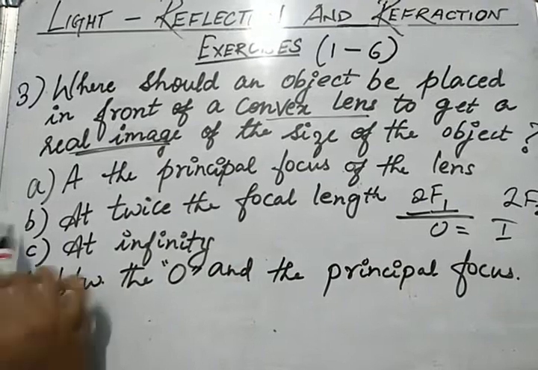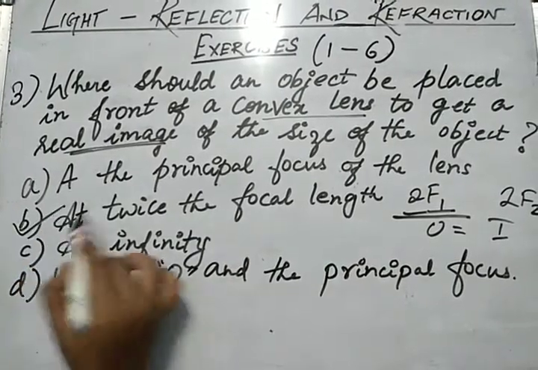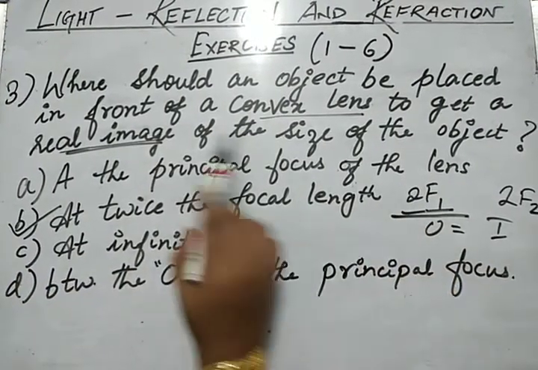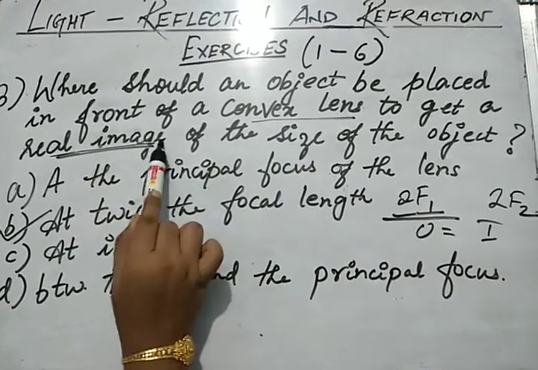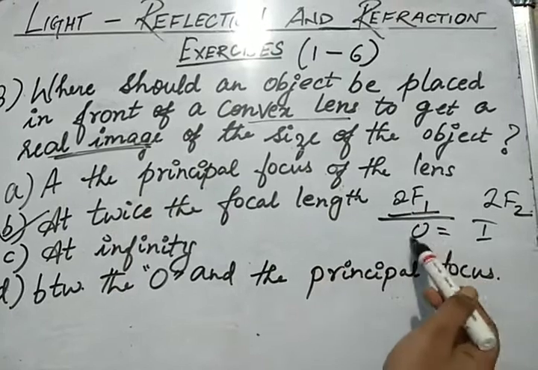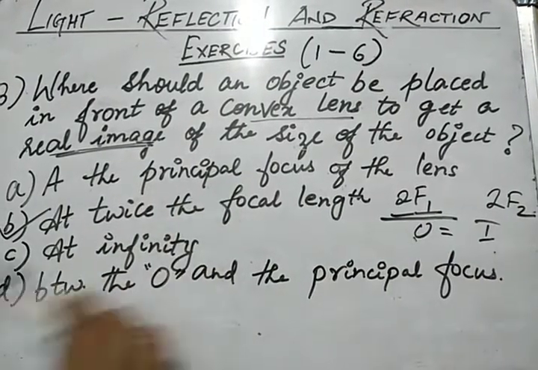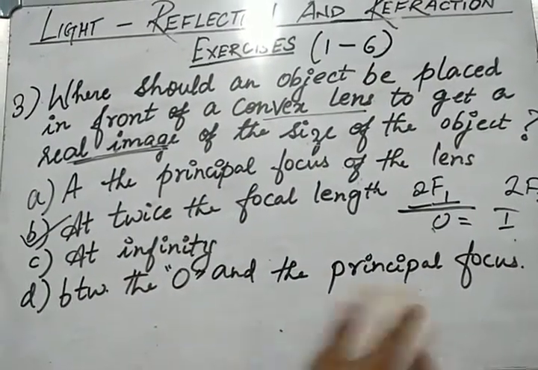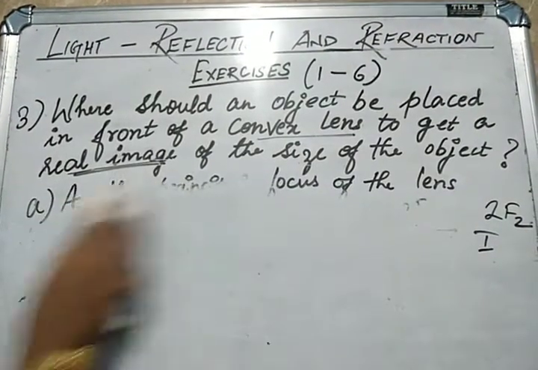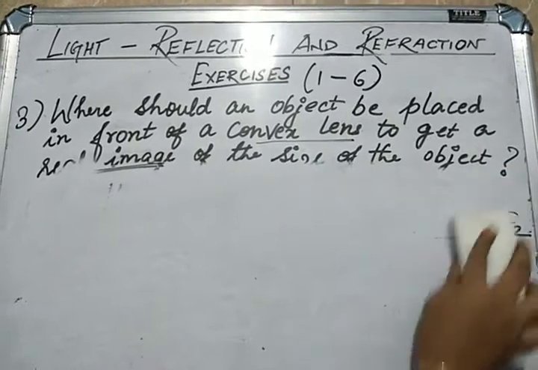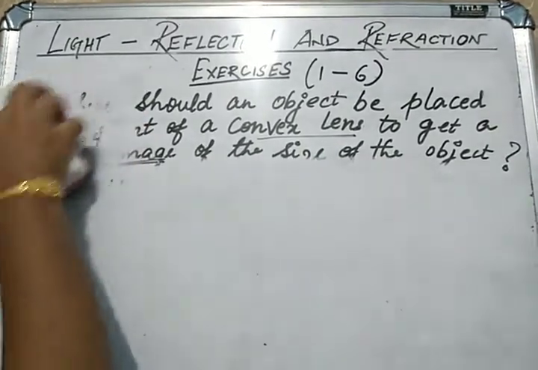So our answer is B, at twice the focal length. See all the conditions given over here: real image, then size of the object is equal to size of the image. Read the question carefully, remember all the ray diagrams. Your concept should be clear while solving these kinds of questions, because you have options over here and options are mainly to confuse you.